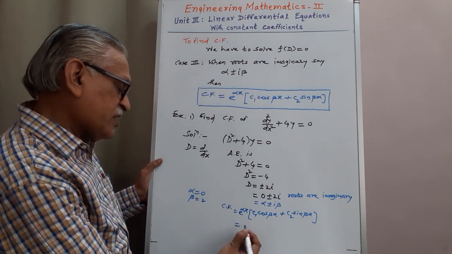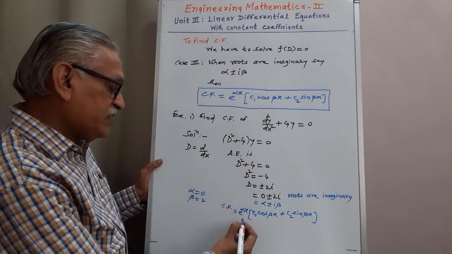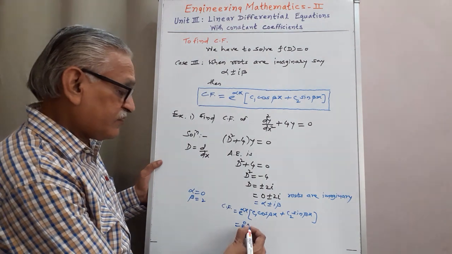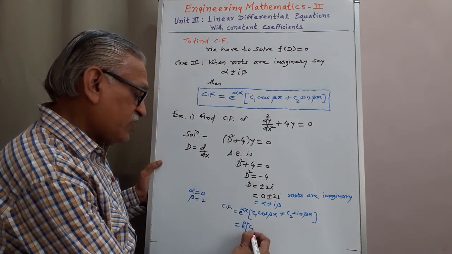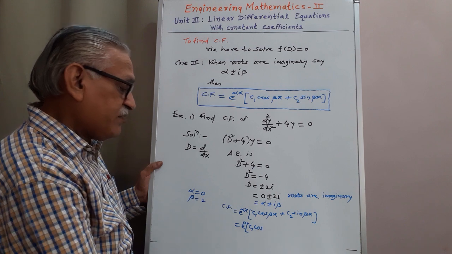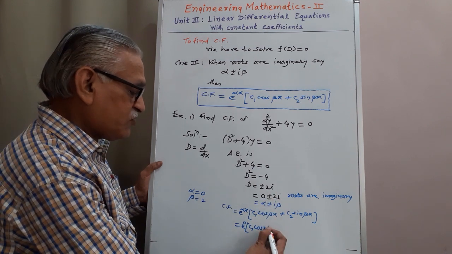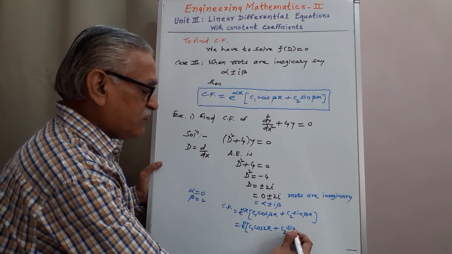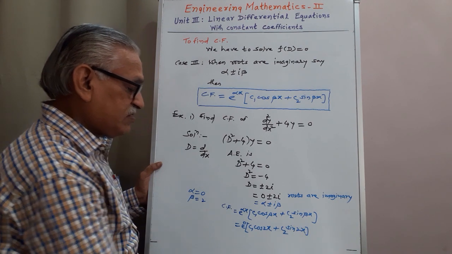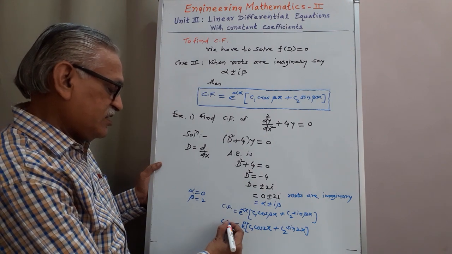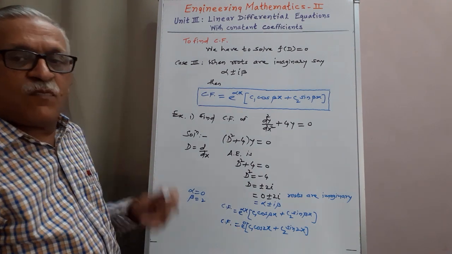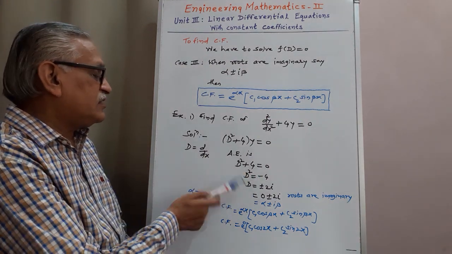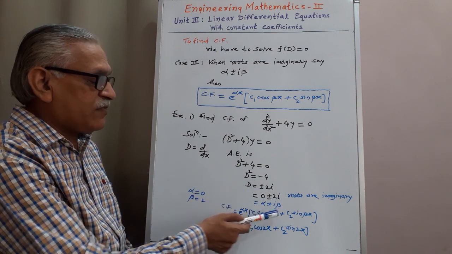And therefore, for this particular example, alpha is 0, e raised to 0 is 1, c1 cos of beta x, beta is here 2, therefore cos of 2x, plus c2 sin of 2x is the required complementary function, as we are getting imaginary roots in the form of alpha plus minus i beta.